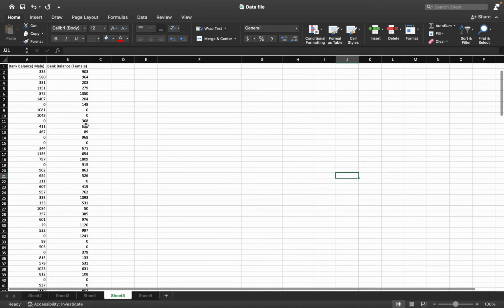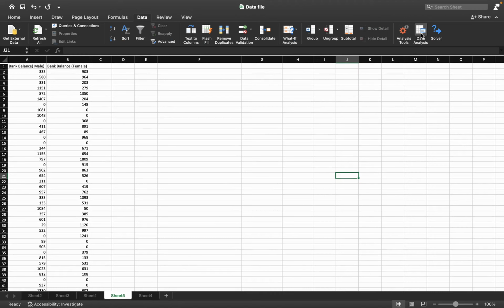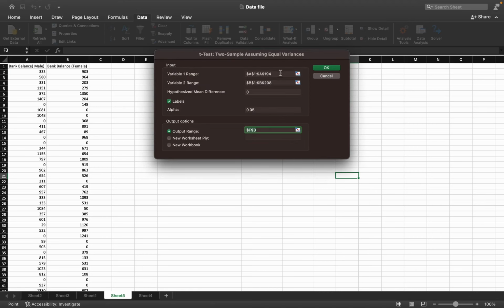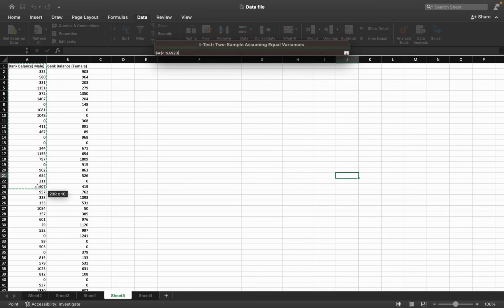So I'm going to the Data tab, then the Data Analysis option, and here I have to select t-test two-sample assuming equal variance, and I'm selecting it. Then I have to select the data, variable 1 range, because here I have to select the bank balance of male people.